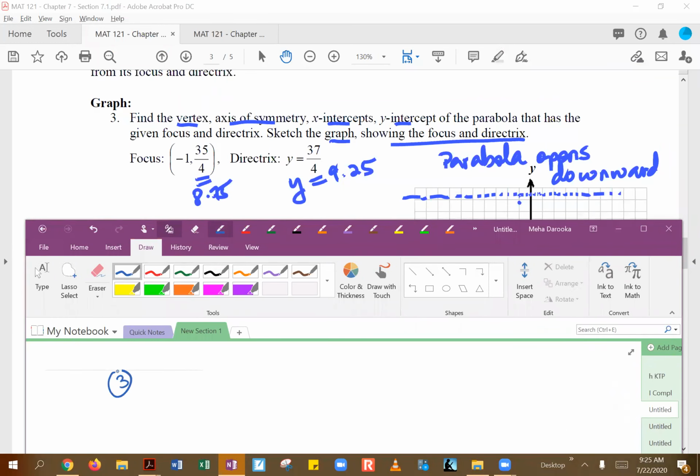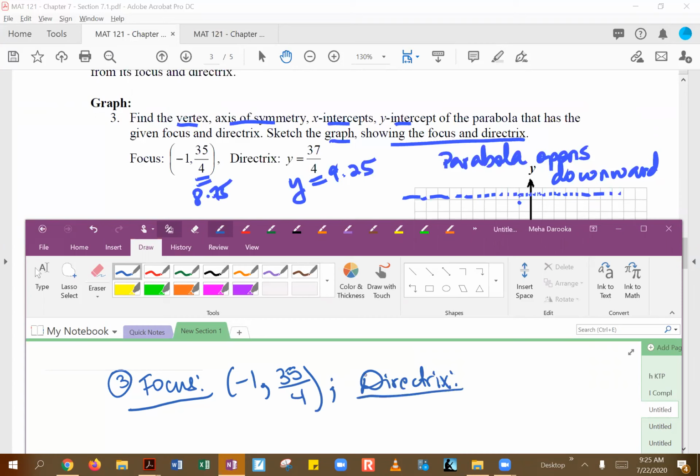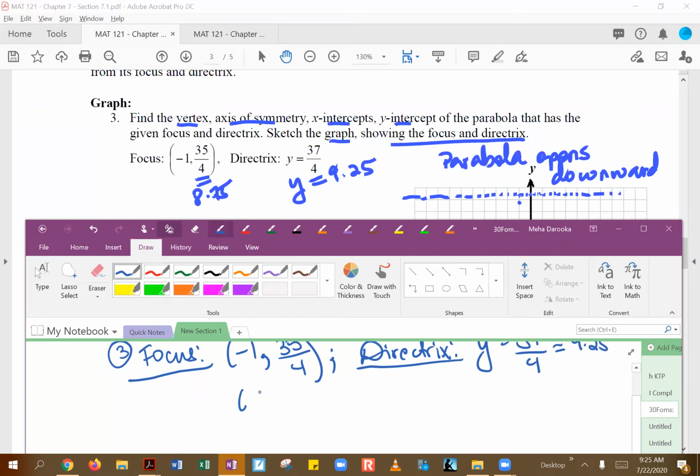Alrighty, so we are given the focus at negative 1, 35/4 and directrix at y equals 37/4, which is basically 9.25, and this guy would be negative 8.75.